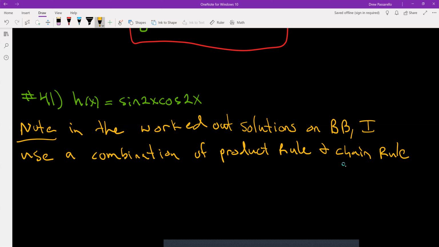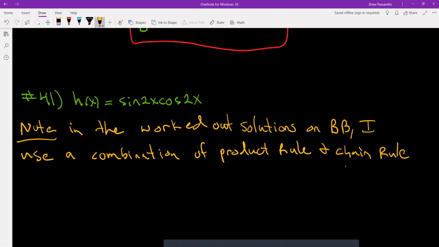The reason why I would use product rule is because I have sine of 2x times cosine of 2x. So I have two trig functions being multiplied together. So it's a product, and that's why I use the product rule. The chain rule comes into play because for the 2x part, instead of it being sine x cosine x, you have 2 times x.